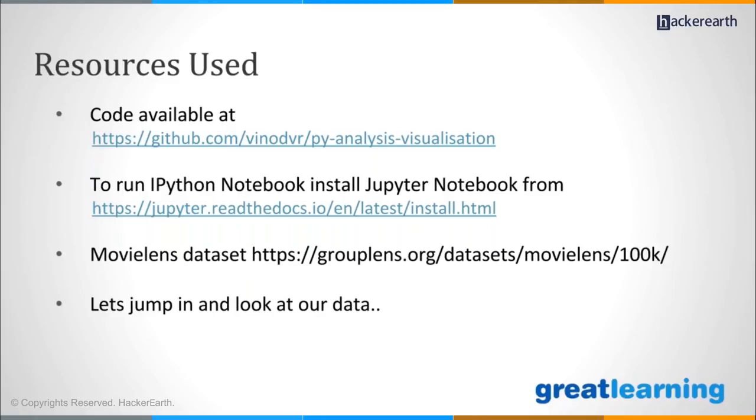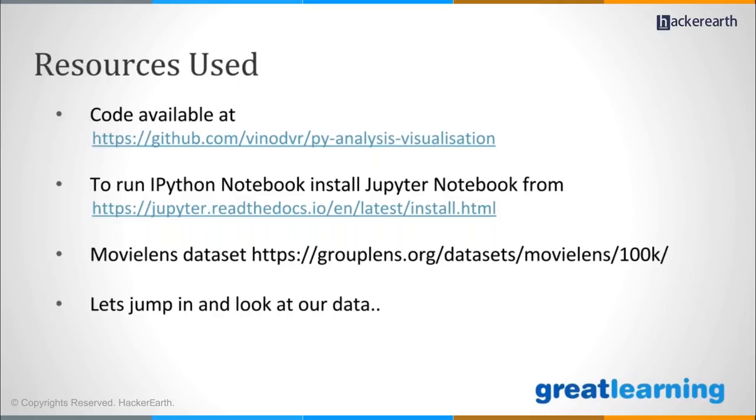So you can install that with the link given here. And the data set itself is open source data gathered by the GroupLens organization, which is available at the link here.